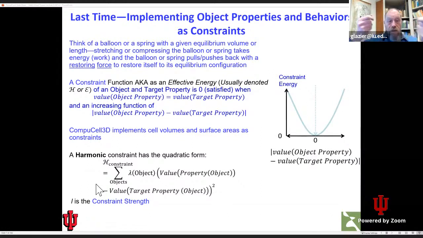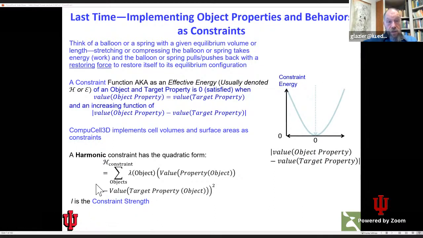In the case of a spring, because it's one-dimensional, I always know what direction that force is in. In the case of the balloon surface, the direction of the force is not so obvious. It's going to be normal to the surface, but could be something more complicated. And so in general, the idea of a constraint as something that creates a force that pulls the system to satisfy the constraint is clear.